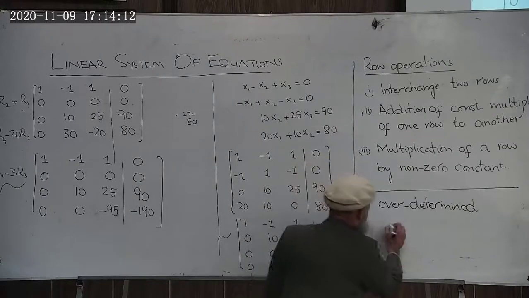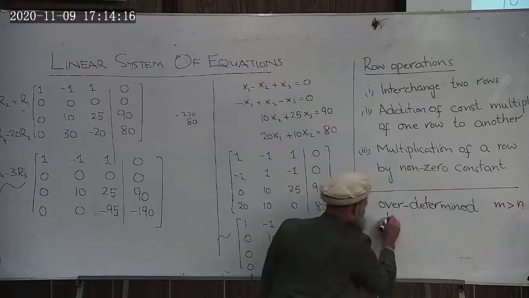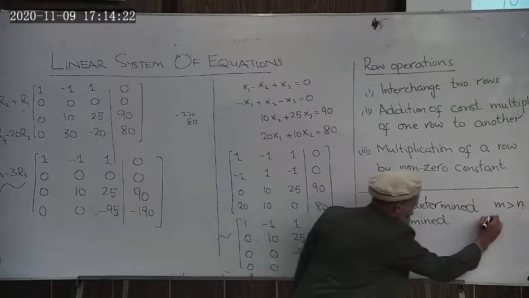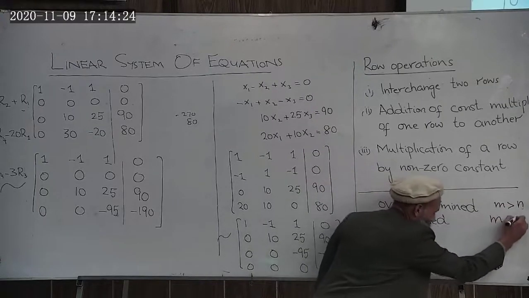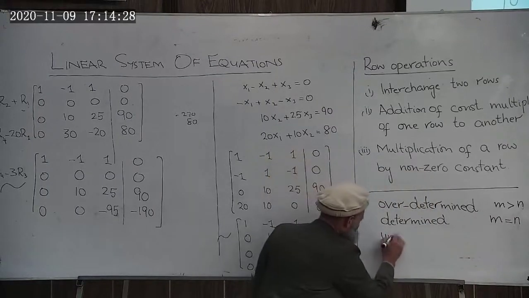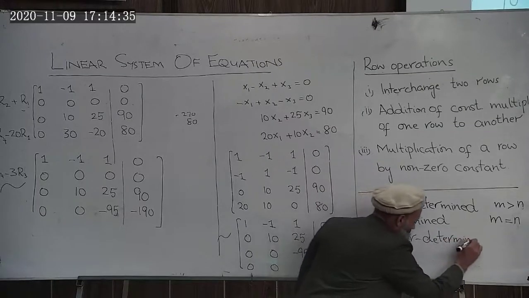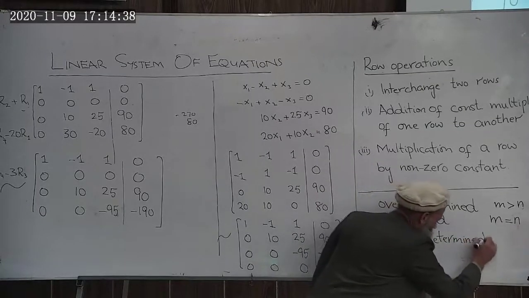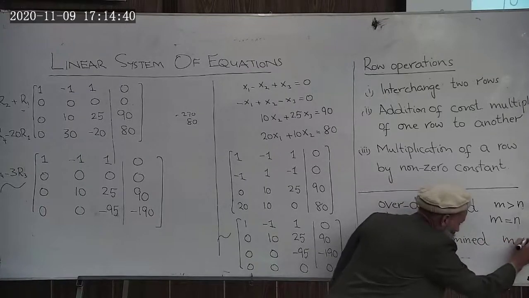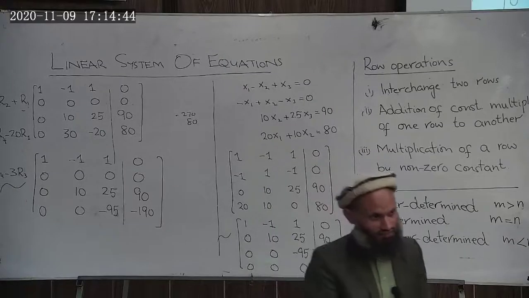This is the case when m is greater than n. Then we have determined, when the number of equations is equal to the number of unknowns, and then underdetermined. What is underdetermined? When the number of equations is less than the number of unknowns, that situation is called underdetermined.